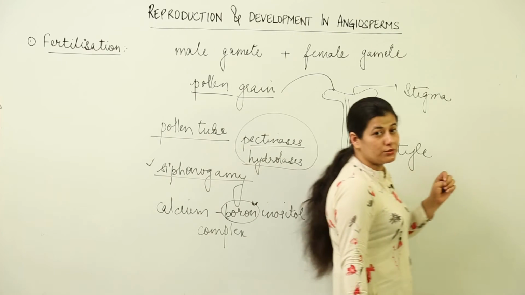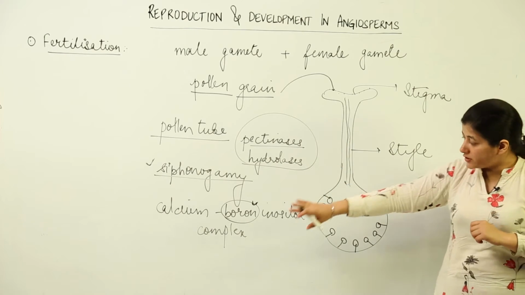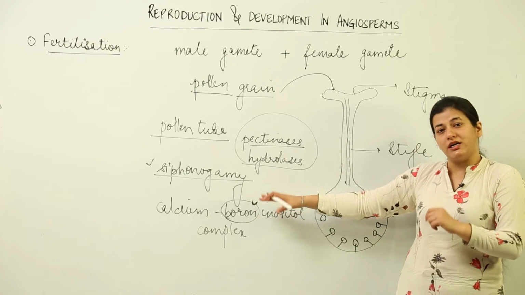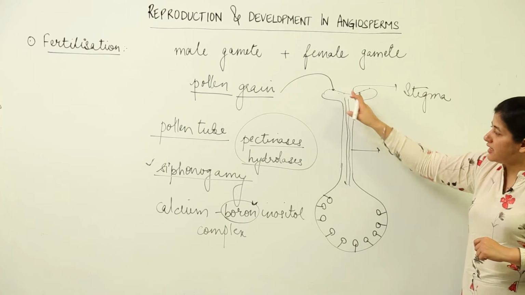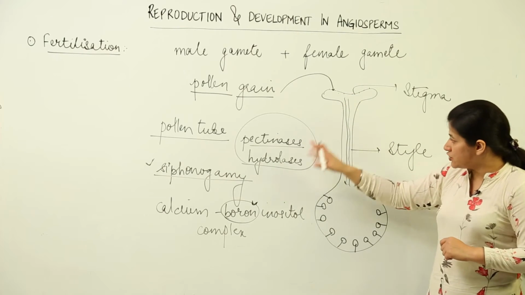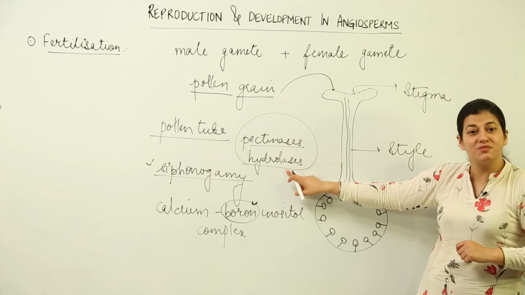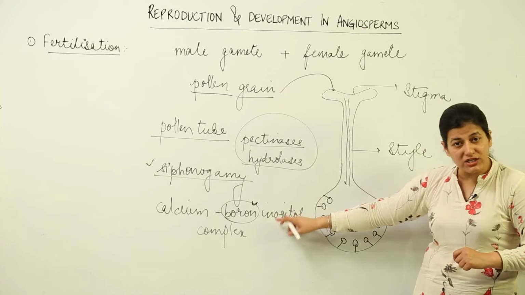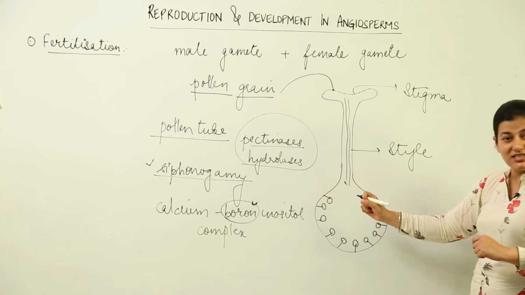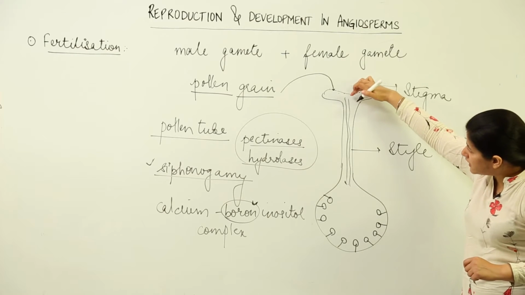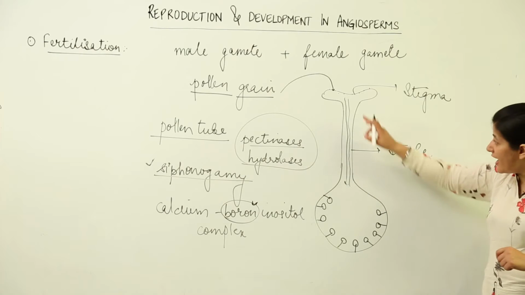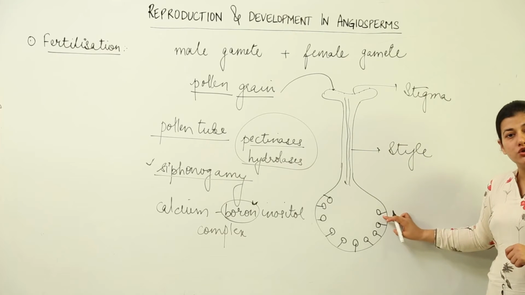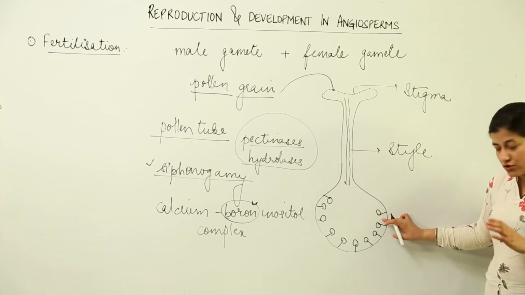Over there I told you that this is an important mineral and that we would study how it enables the formation of the pollen tube. As soon as the eating up of the style tissue by pectinases and hydrolases begins, it is this complex which provides the stimulus so that the pollen tube extends towards the ovule and reaches the micropylar end of the ovule.